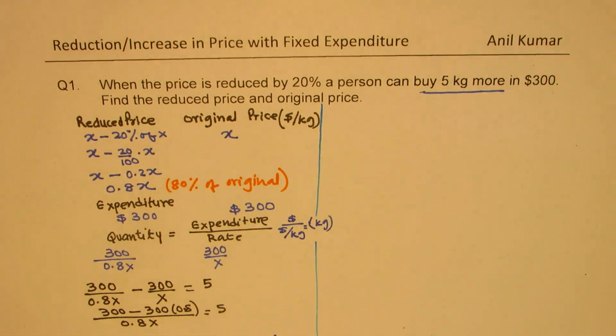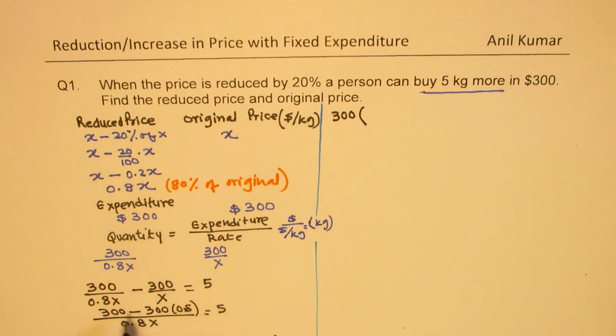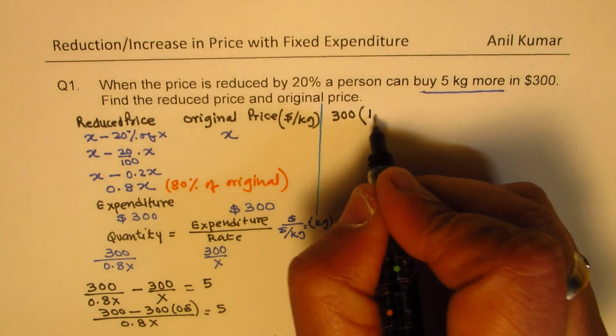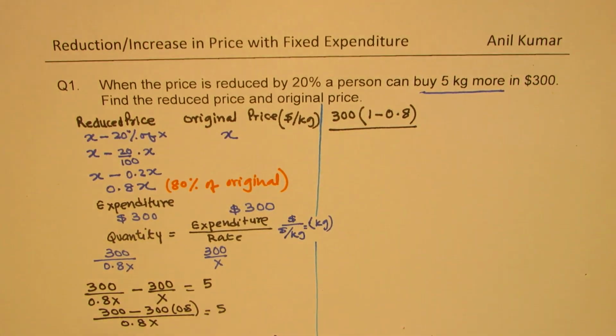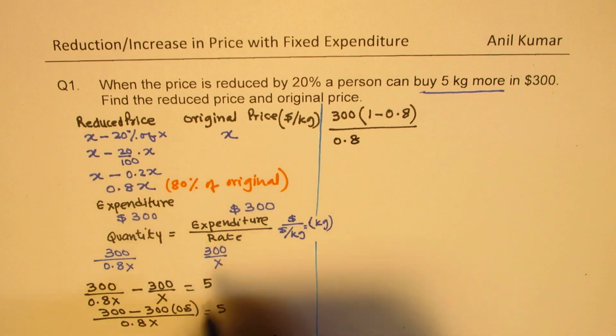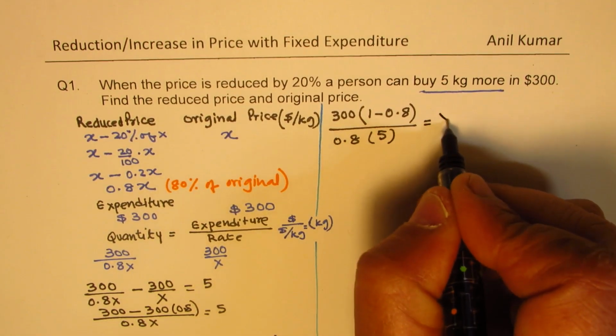So let's solve it on the right side. We'll cross multiply to solve. We'll take 300 common just to make things simpler. So 300 common, 1 minus 0.8, divided by 0.8. We are cross multiplying, so we get 5 here and x on the other side.